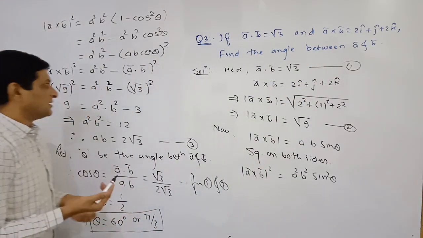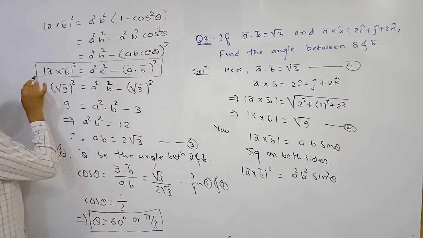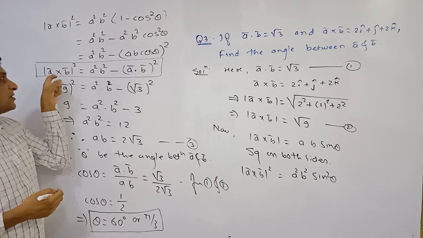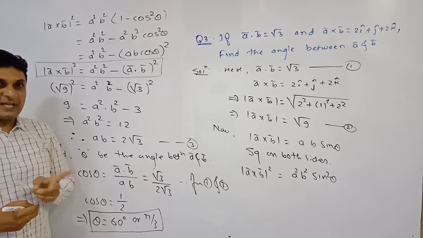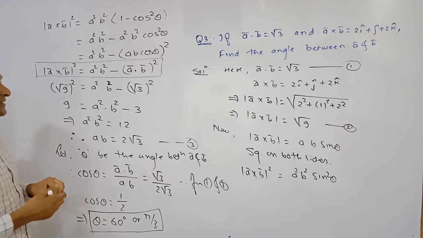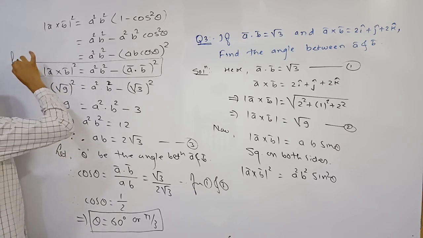Now here the result which you have got here, this is one of the very important conditions, which is called as relation between dot product and what? Cross product. If you observe this expression very carefully, both the terms appear. Dot product also appears and what? Cross product also appears, and this identity is called as Lagrange identity.